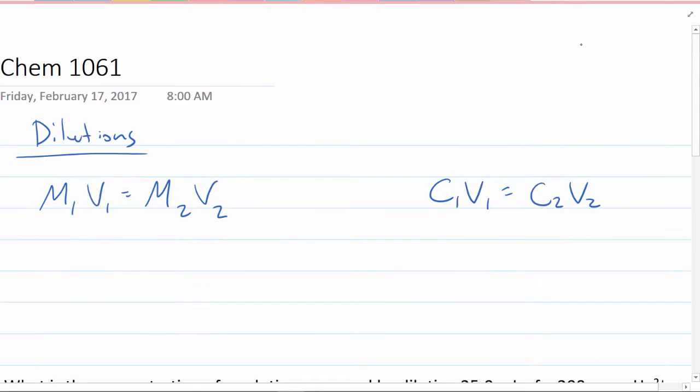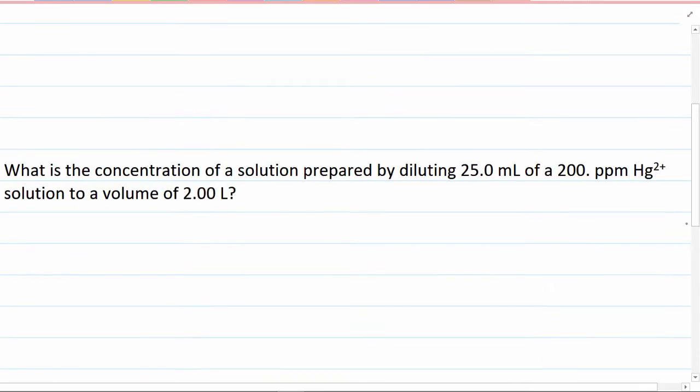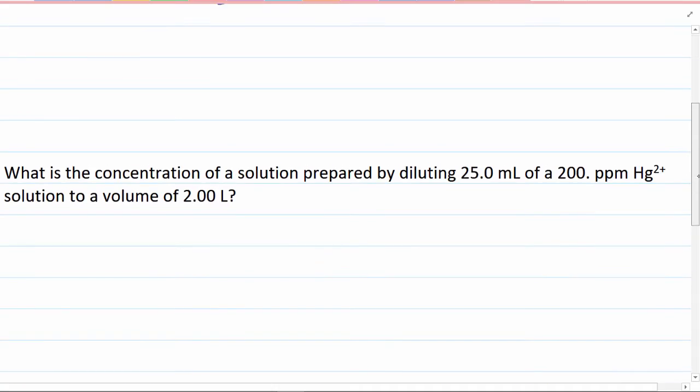So today, we're going to work with these formulas, and we're going to start with this very first one. We'd like to know, what is the concentration of a solution prepared by diluting 25.0 milliliters of a 200 part per million mercury 2 solution to a volume of 2.00 liters?